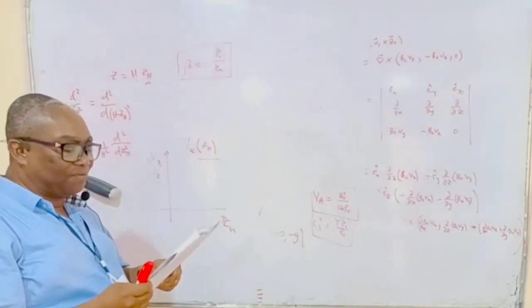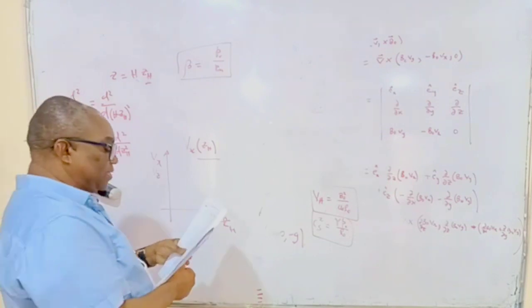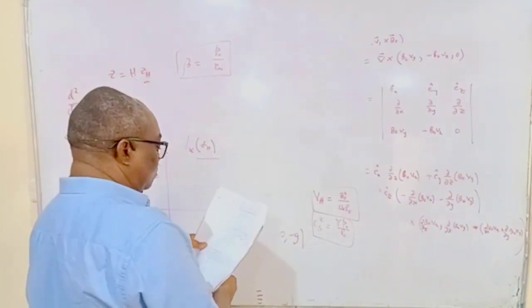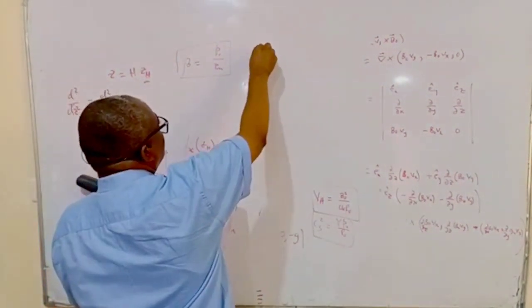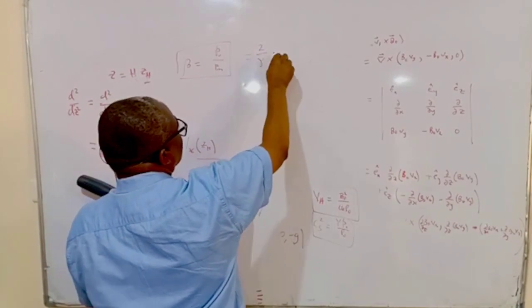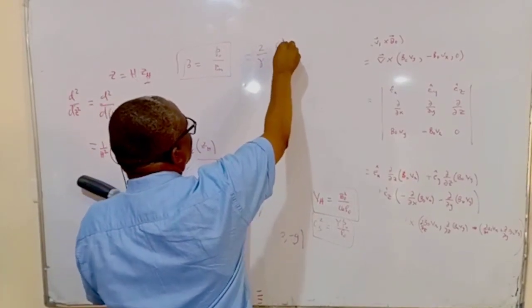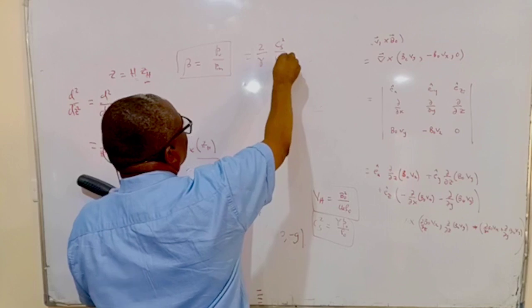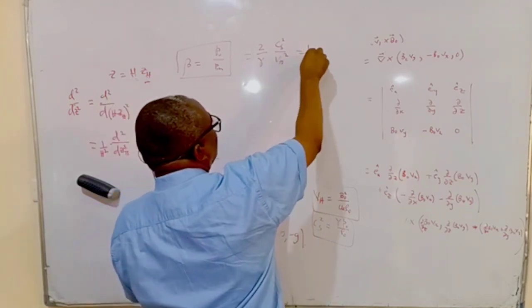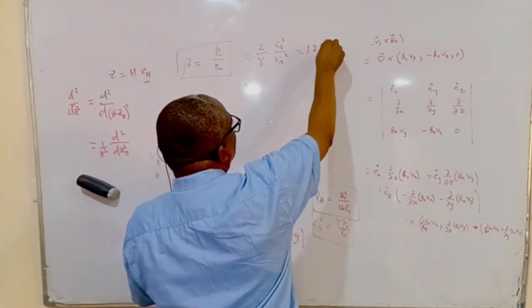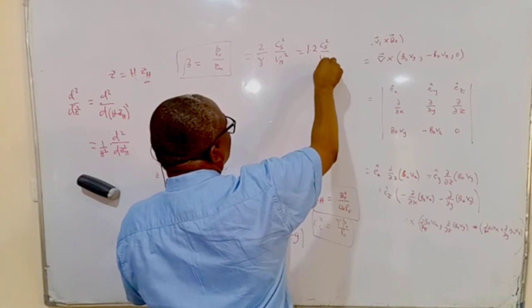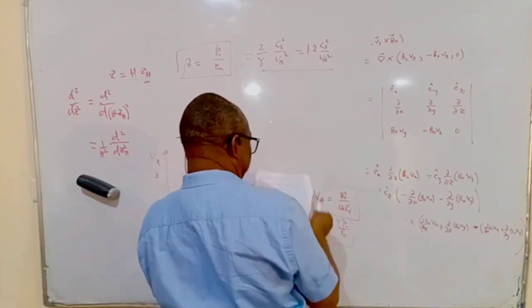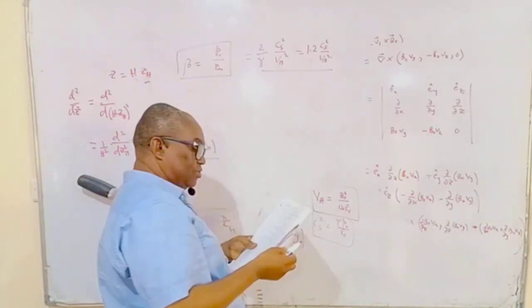And what did we end up saying? That this is equal to 2 over gamma of Cs squared over Vs squared, which is equal to 1.2 Cs squared over Vs squared. This is what our pressure is.